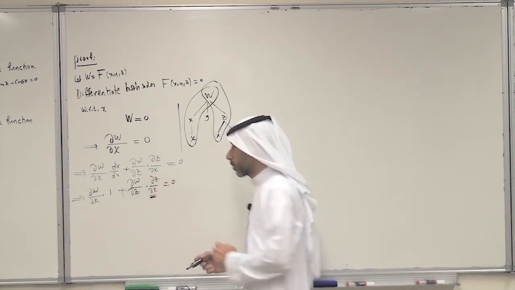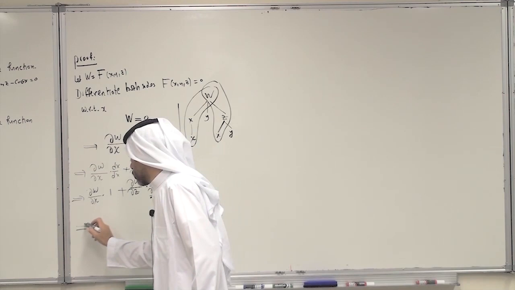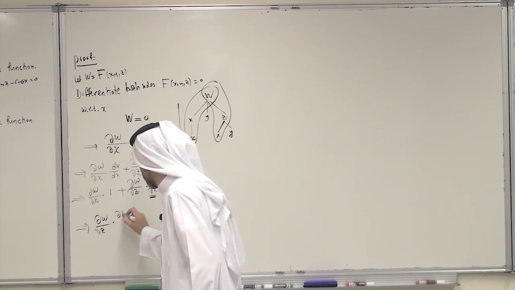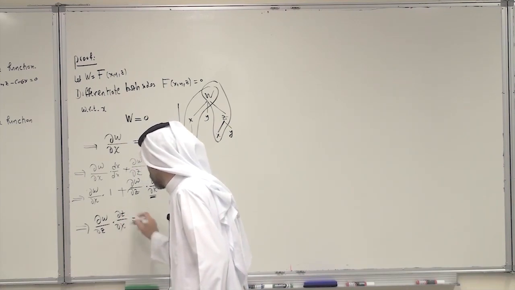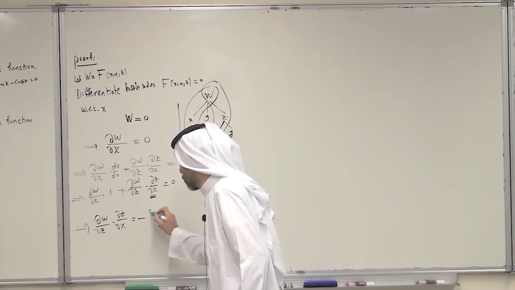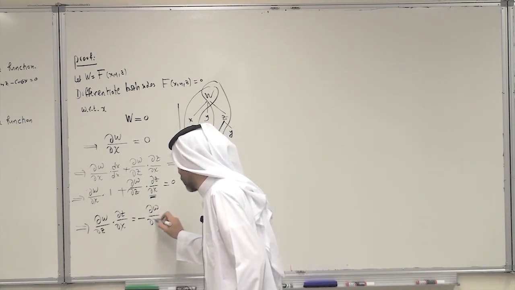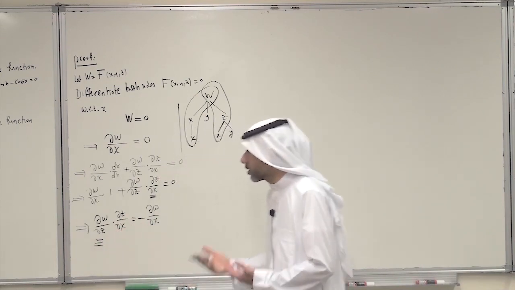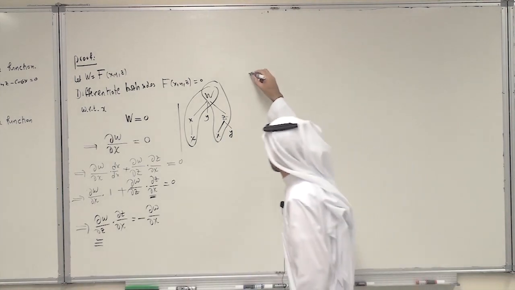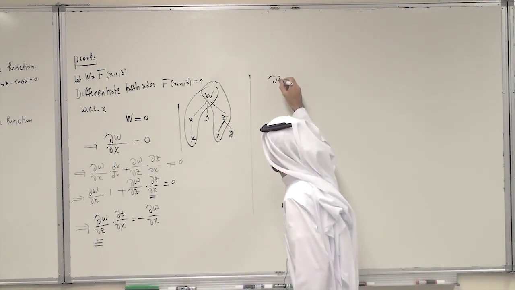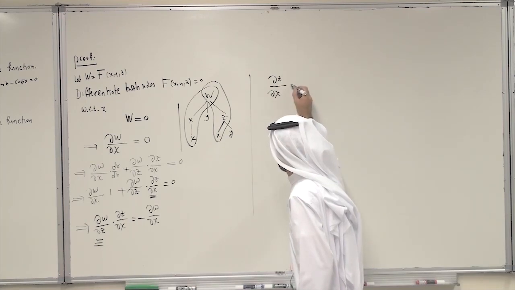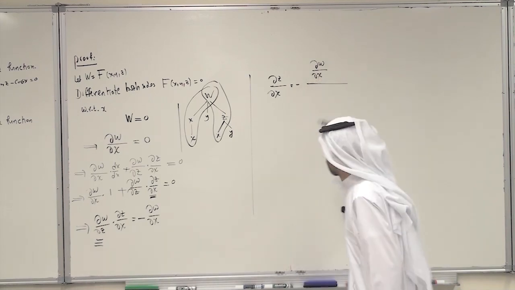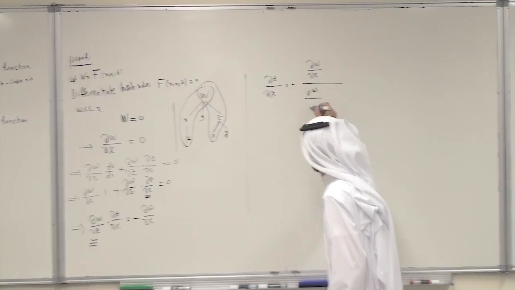This implies partial w, partial z times partial z, partial x equals minus partial w, partial x. Divide by partial w, partial z, provided it is not equal to 0. So partial z, partial x equals minus partial w, partial x over partial w, partial z.